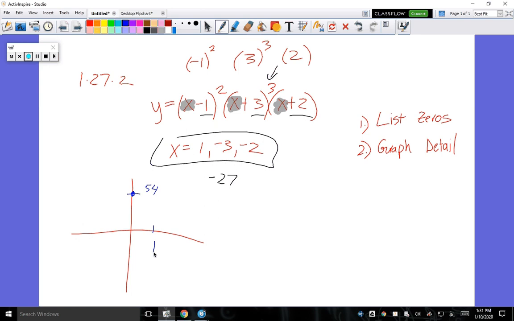So on the graph, what Raquel was saying earlier, we could label it first. We could go and say, here's 1, here's -3, here's -2, and we're about to go. Our biggest power, if you were to FOIL all this out, would be x squared, x cubed, and x to the first.